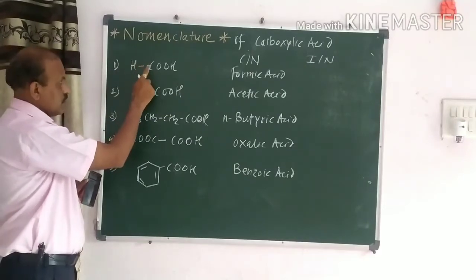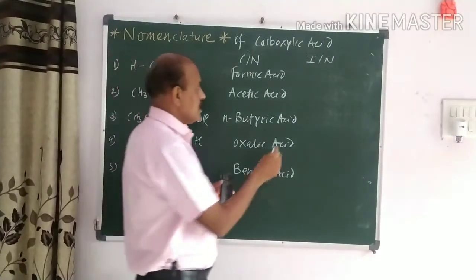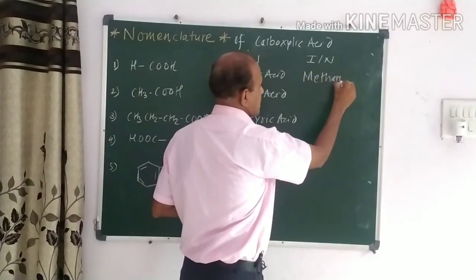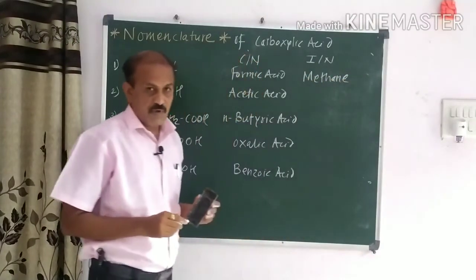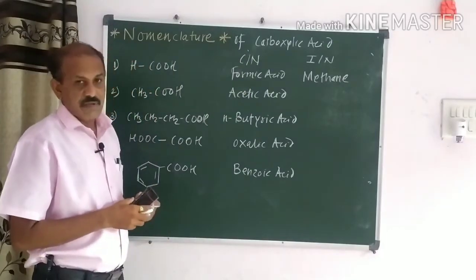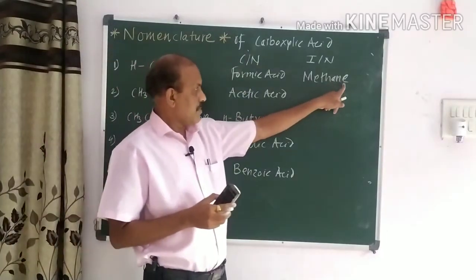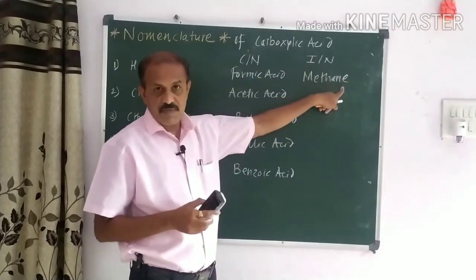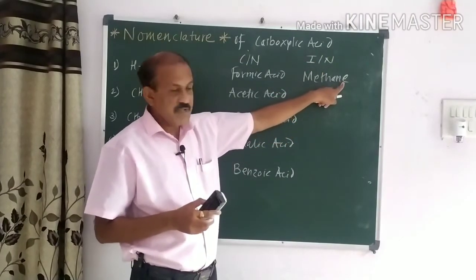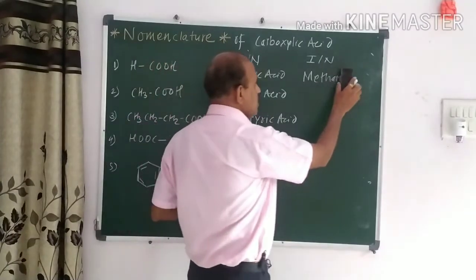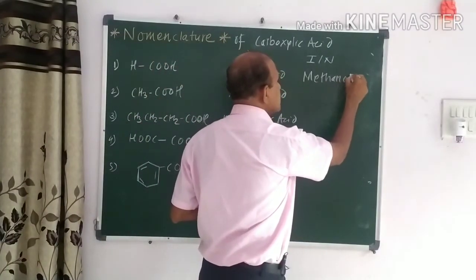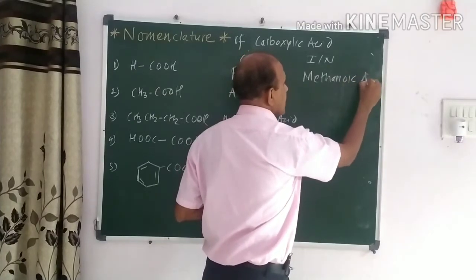As one carbon is present, the corresponding alkane is methane. Now while giving the name, the E is replaced by OIC acid. While giving the IUPAC name of a carboxylic acid, E is replaced by OIC acid, so the name of this compound is methanoic acid.